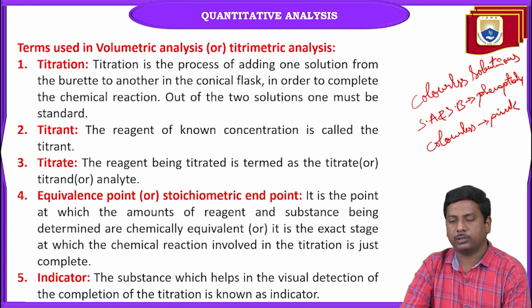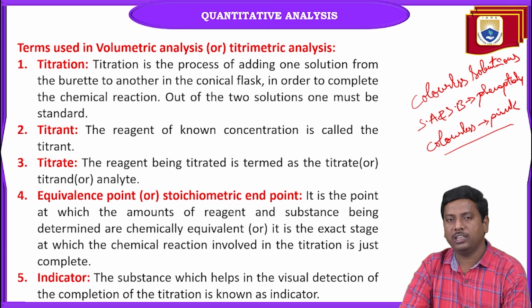With the help of this phenomenon, we can determine the end point of a reaction. So that is the importance of an indicator in neutralization reactions, especially in strong acid and strong base. Indicator is the substance which helps in the visible detection of the completion of the reaction. So that is called an indicator.